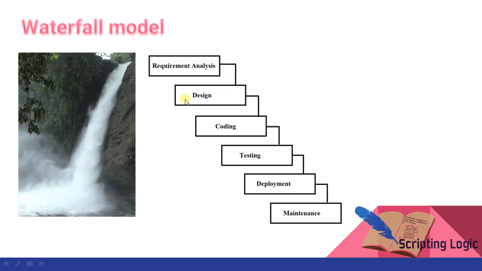And similarly, once the design phase is completed, we go to the coding phase, and once the coding phase is started, we cannot go back to the design phase. So this model flows downwards, right? So we can go only downwards, we cannot go back. So it is called as waterfall model, as like the waterfall in which water falls down only, it cannot go backwards. So let's understand each and every phase one by one.